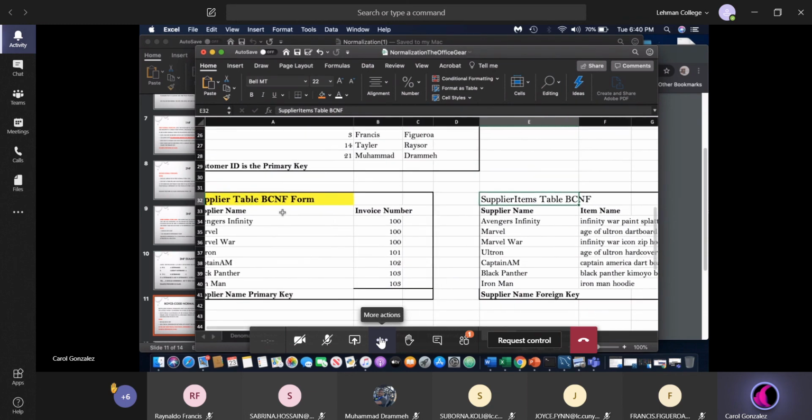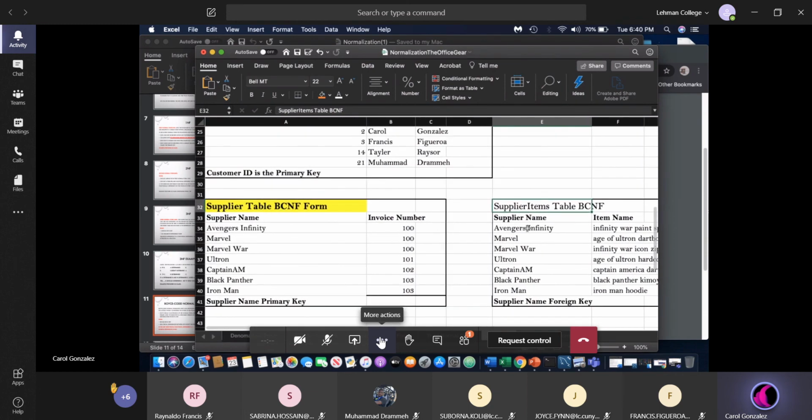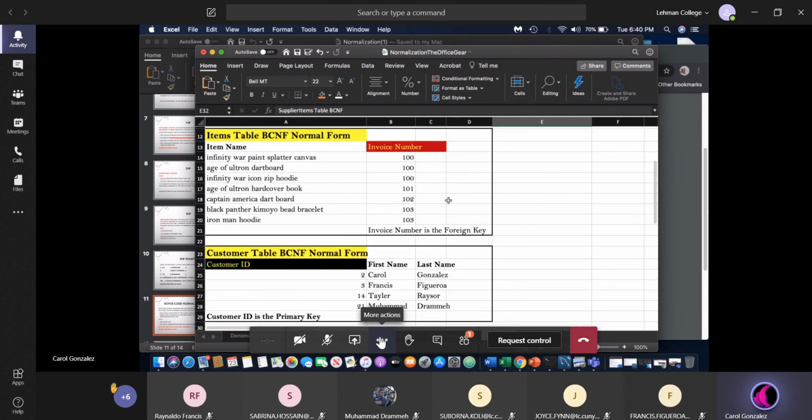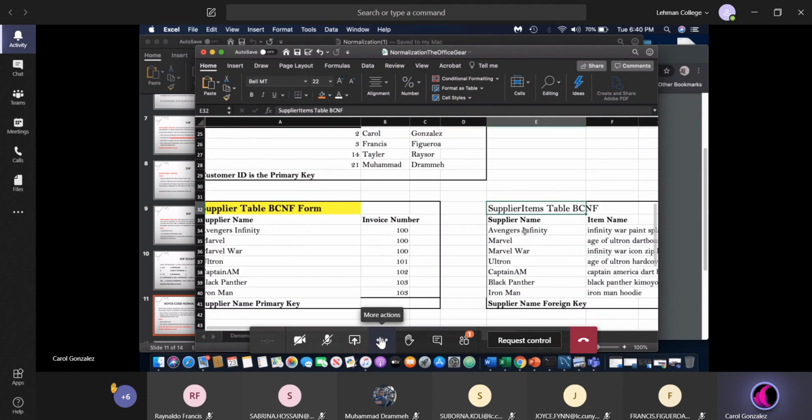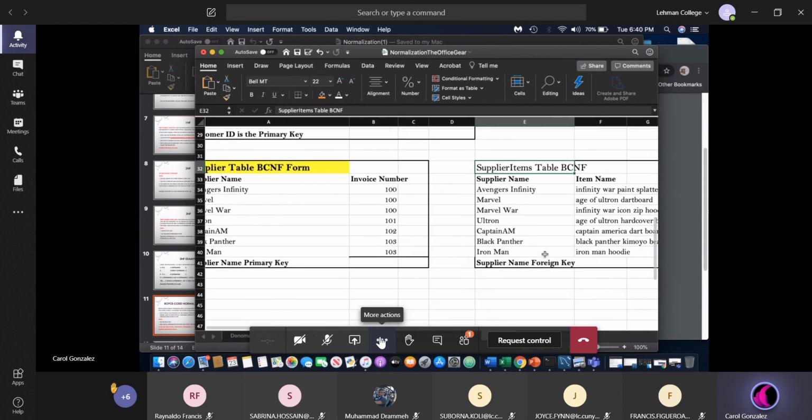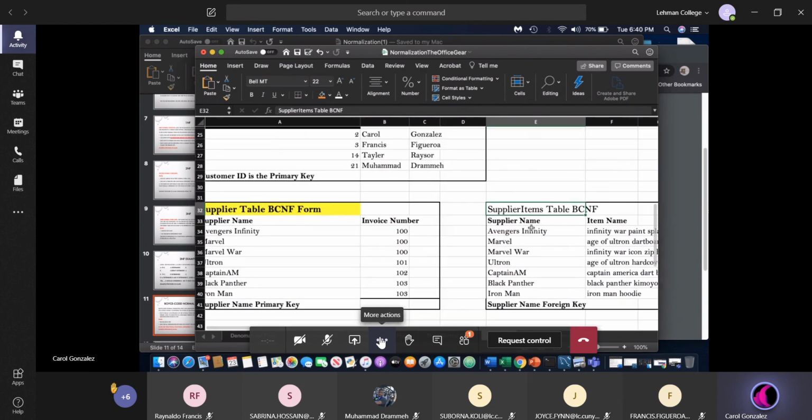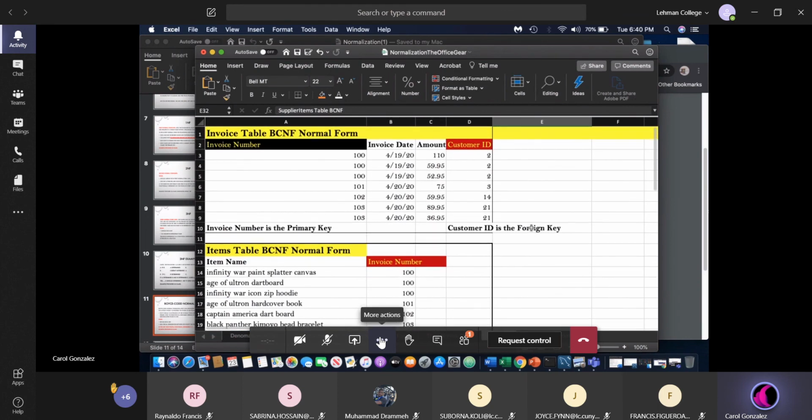So this is a supplier table that we didn't think about. We have the item over here, and since suppliers are the ones that buy these items and supply them to these companies, we have a supplier items table here, and they have a relationship through this table called supplier items. That is a bridge table that connects the supplier table with the items table. Therefore, this has a relationship, and now we're at 3.5NF.